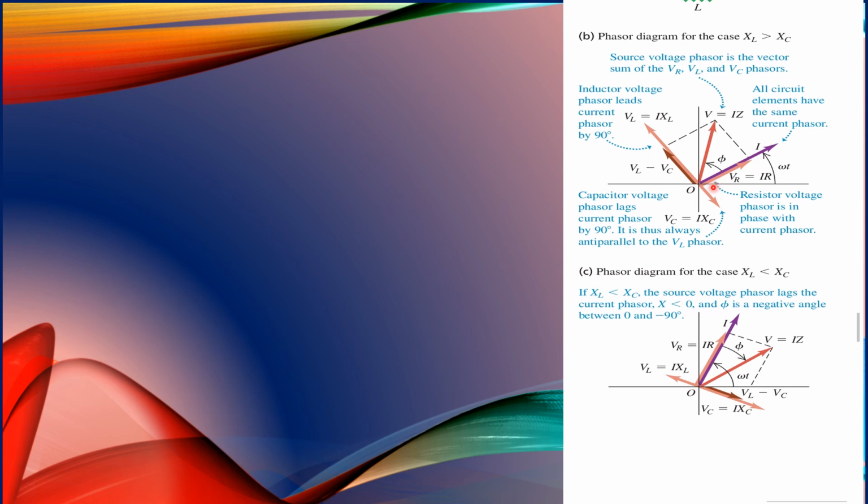So from the current phasor, you go clockwise towards the capacitor voltage. That exactly is equal to negative 90 degrees.